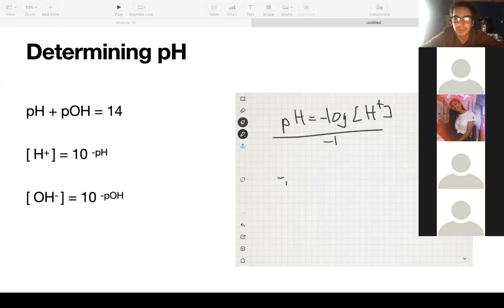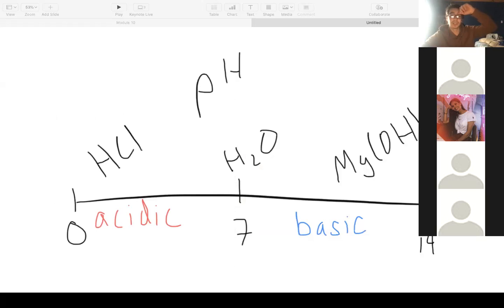So what you're going to do is multiply both sides by -1, so you get negative pH equal to log H plus. And you're going to raise everything to the base 10. So 10 to the negative pH is equal to H plus, to cancel out the log, because the log has a base of 10. So 10 to all that. That's how they got those equations. So yeah, those are important to know.